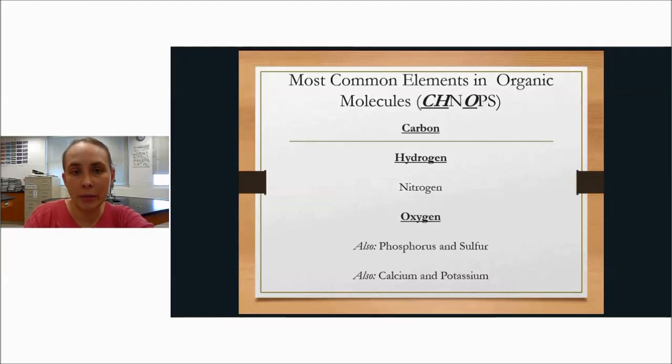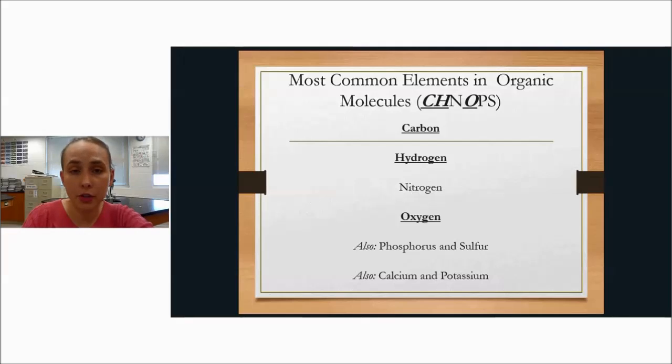The most common elements in organic molecules, meaning that they are from life, are carbon, hydrogen, nitrogen, oxygen, phosphorus, and sulfur. And they can be remembered through the acronym CHNOPS. CHNOPS. It sounds like chin-ups to me. That's how I remember it, chin-ops.